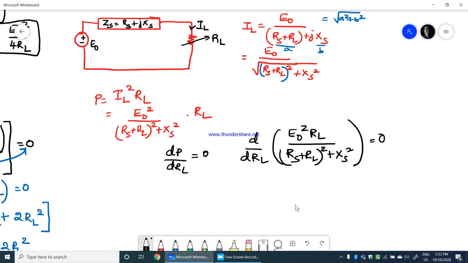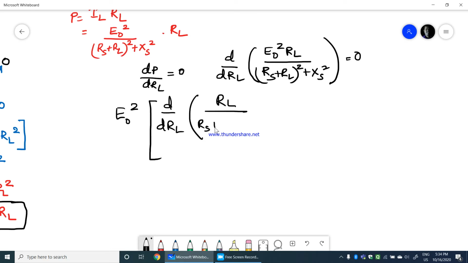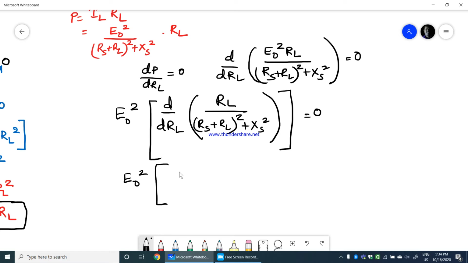Now differentiate this. E naught square will be the constant which comes outside, and this is d by dRL of RL divided by RS plus RL the whole square plus XS square equals 0.